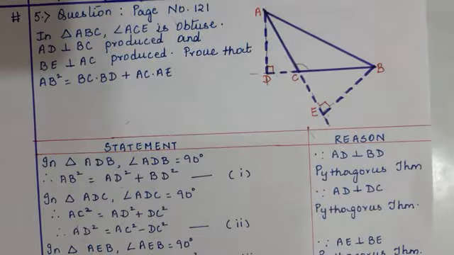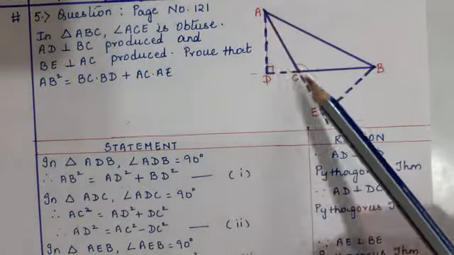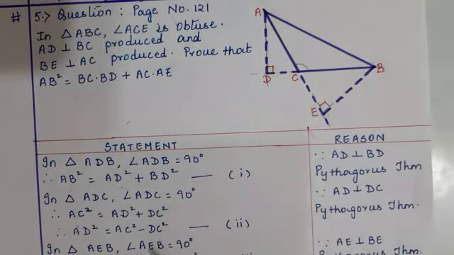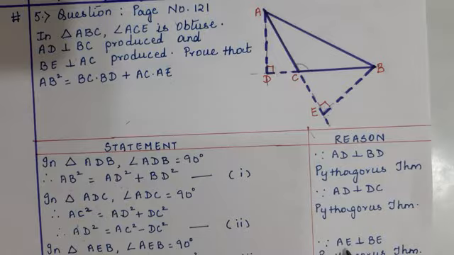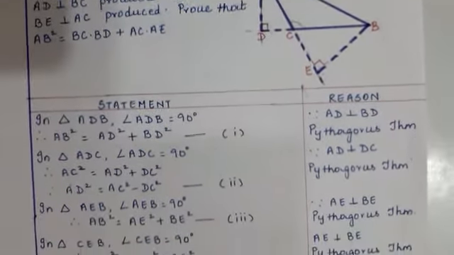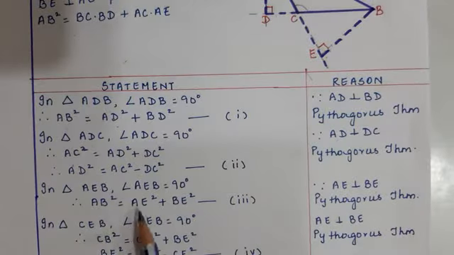Now let us consider triangle AEB. In this we have angle AEB 90 degrees because AE is perpendicular to BE. Hence we can apply Pythagoras theorem and we get AB square is equal to AE square plus BE square.